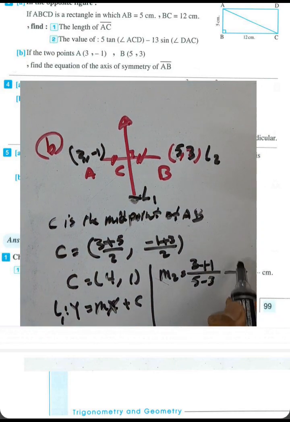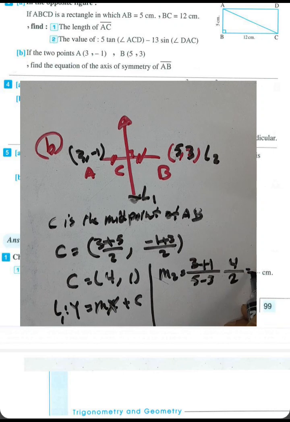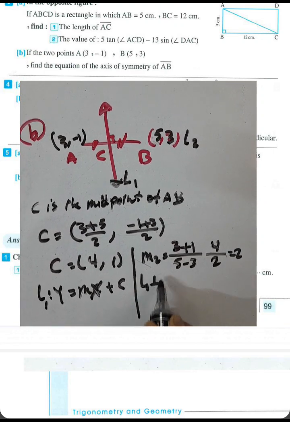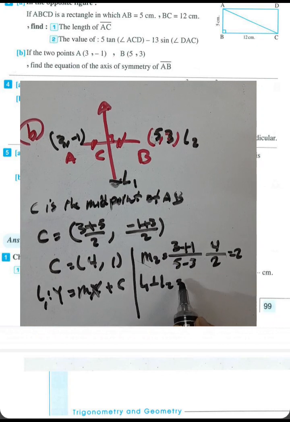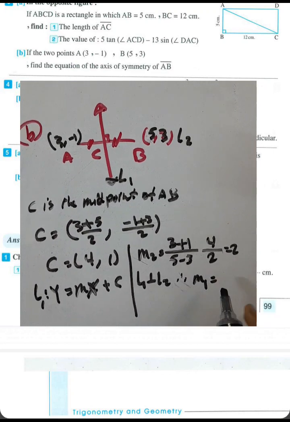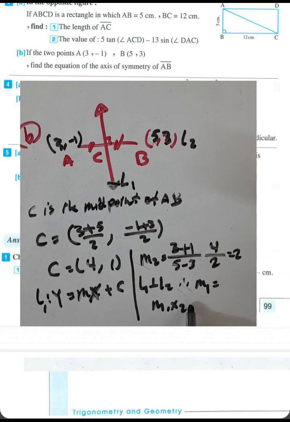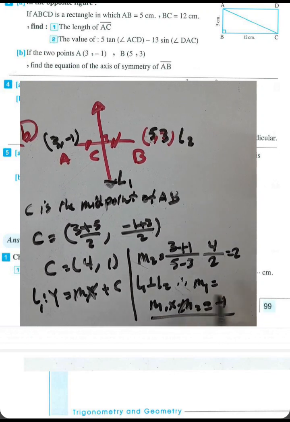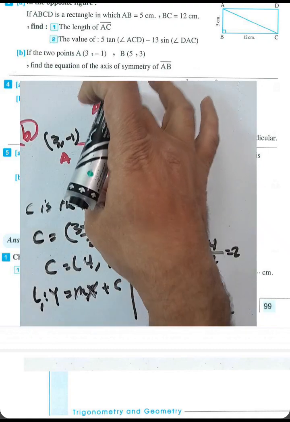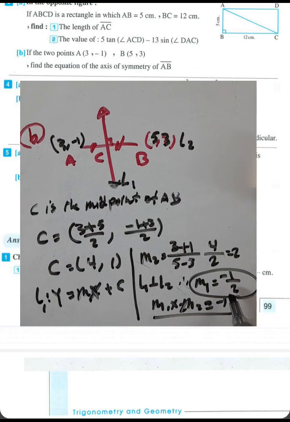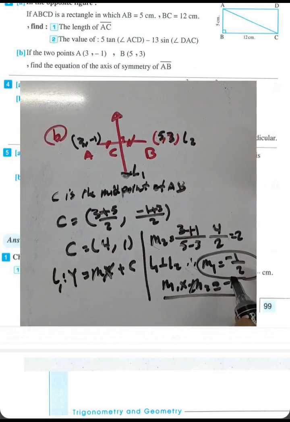So 4 over 2, 4 divided by 2 equals 2. We know L1 is perpendicular to L2, because m1 times m2 equals negative 1. Then the slope of L1 is the inverse of 2 with the sign changed, so the slope of L1 will be negative half.